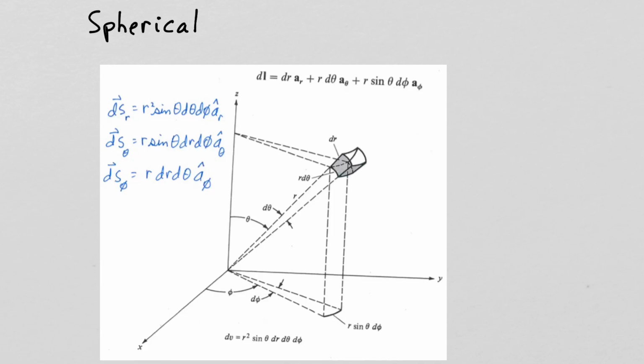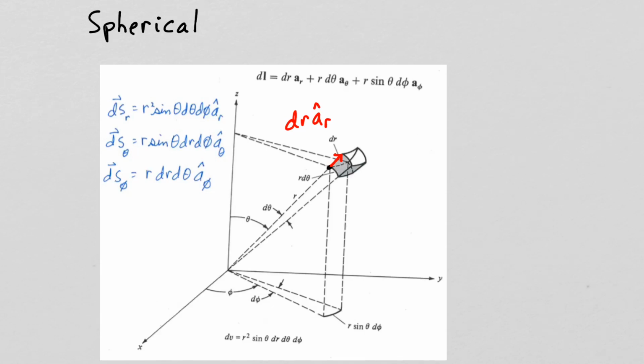We will now find the differentials for the spherical coordinate system. This figure in the notes is a better one for visualizing what's going on than the one in your textbook. We will start at this point here. If we change r by an amount dr, we can define this vector right here of length dr in the r direction.